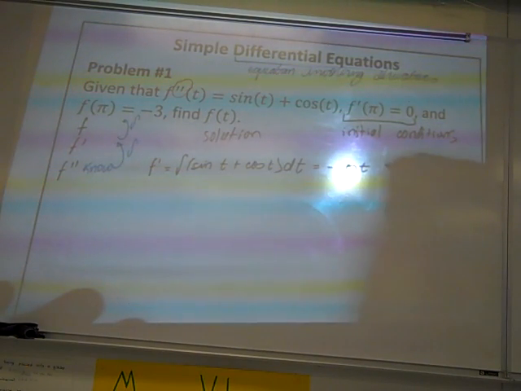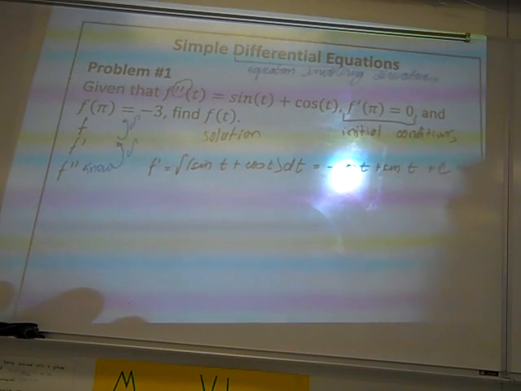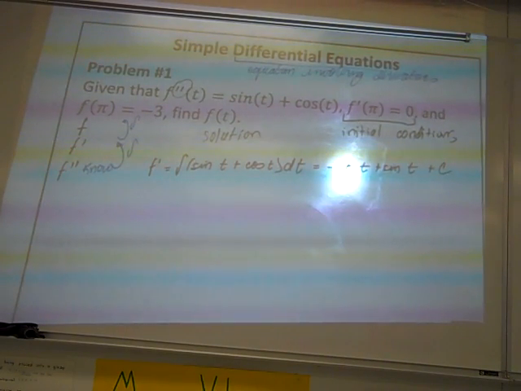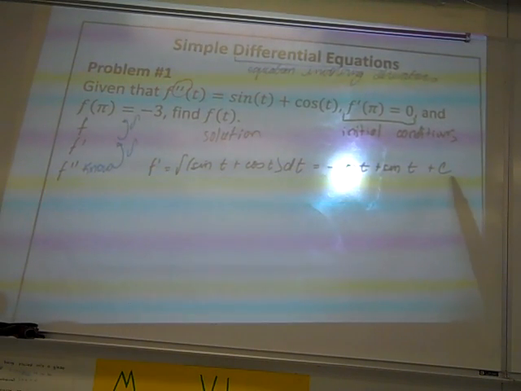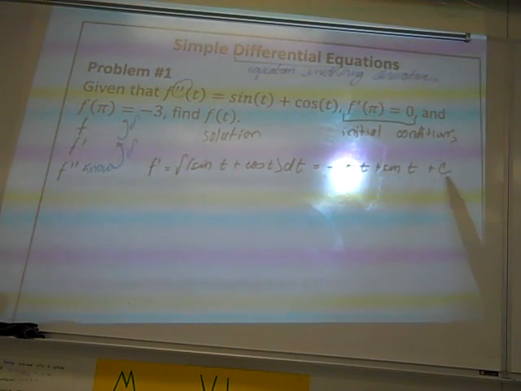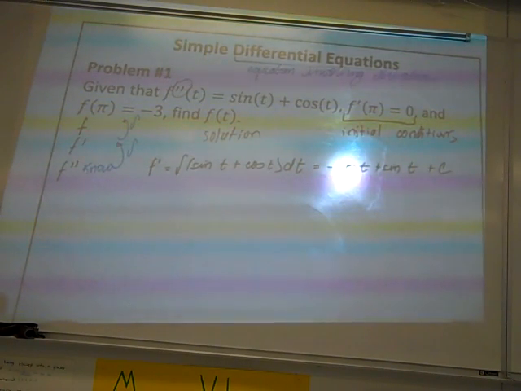The antiderivative of cosine of t is the sine of t. And whenever we do an indefinite integral, we're going to bring in Charlie. So the first derivative can be written as negative cosine of t plus sine of t plus Charlie. If I am not given any other information, I might need to stop here.